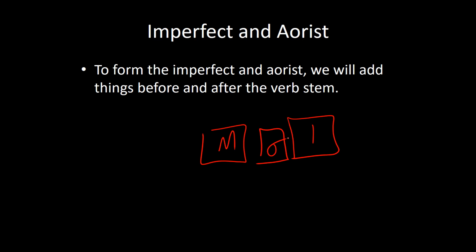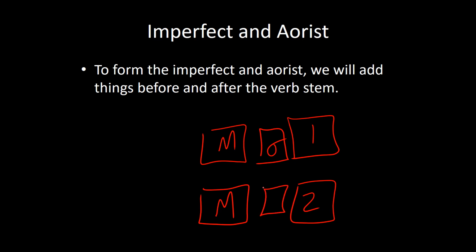That sigma will be a big sign saying, hello, future. Well, we're going to do the same type of thing today. We've got one box where we've got the verb meaning. We've got some endings. Let's use number 2 endings for these. Now we're going to put some stuff right in between, and we're going to put some stuff right before.